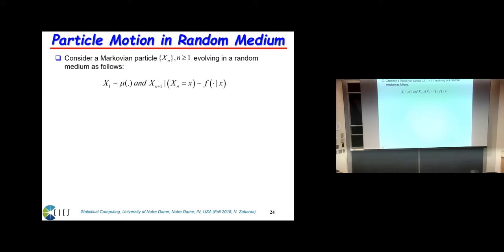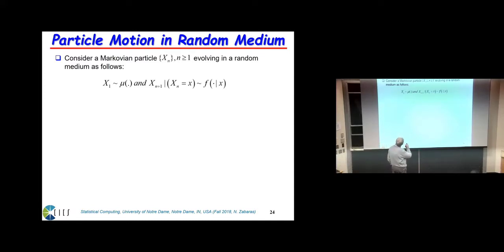Let me see if this is an important problem. There are lots of problems in physics, chemistry, statistical mechanics, everywhere. So let me give you an example where the marginal likelihood is actually what you need, not the posterior. Imagine that you have this particle xn.